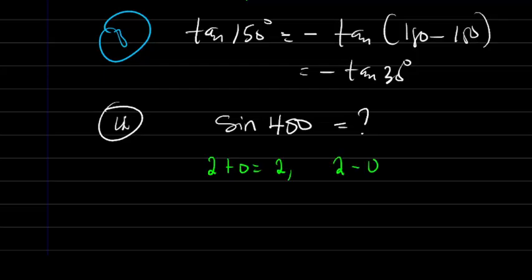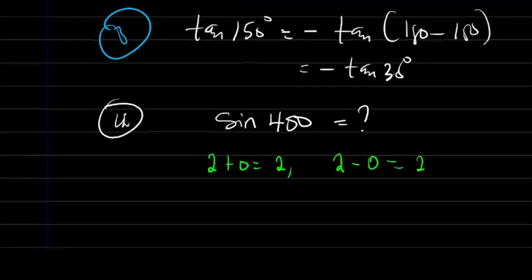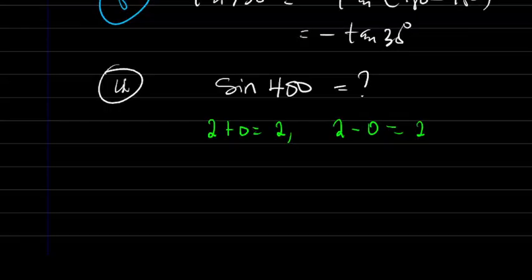And if you say 2 minus 0, you have 2. It doesn't change anything as well. Now, when you are dealing with angles, if you have sine 30 and you add 360 to this 30, or you subtract 360 degrees, you are still going to have the same thing.